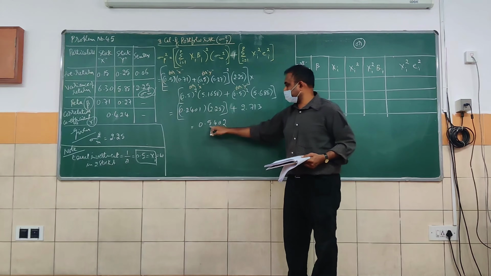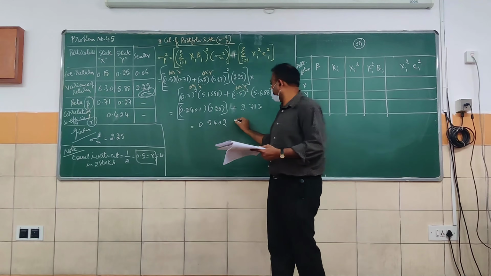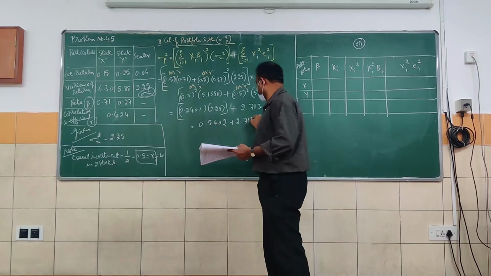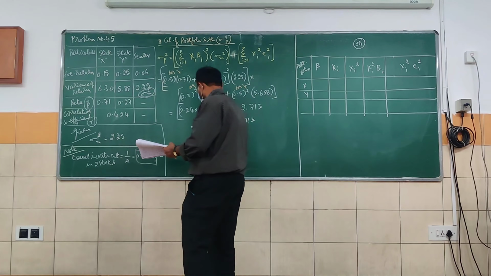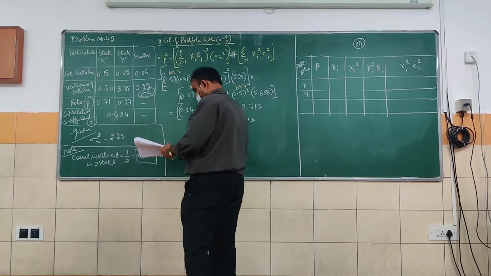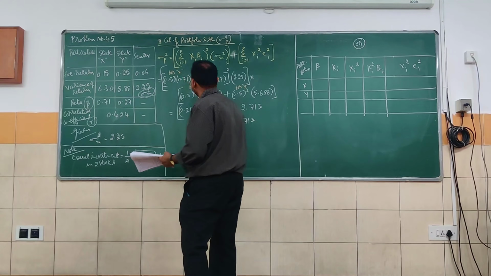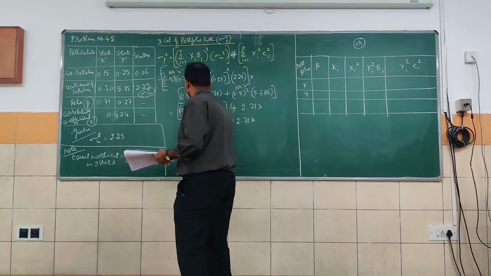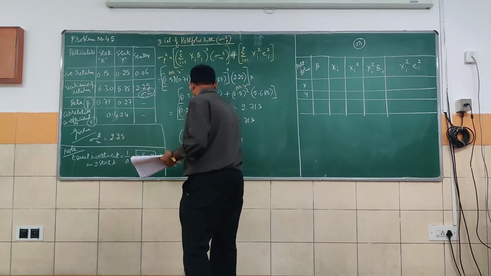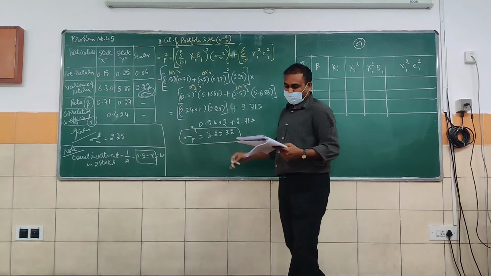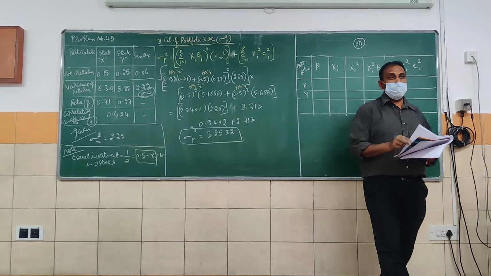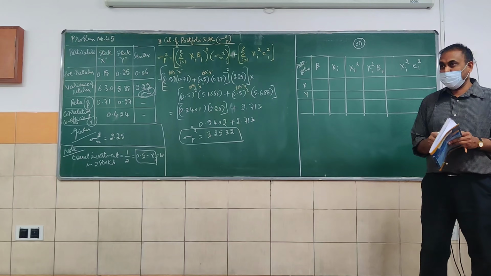Multiplying this into this, 0.5402 plus 2.713 is 3.2532. Portfolio risk 3.2532. It looks a bit complicated, right?